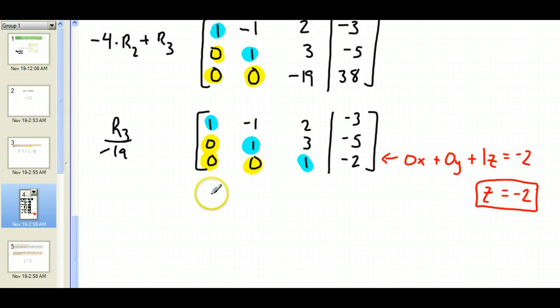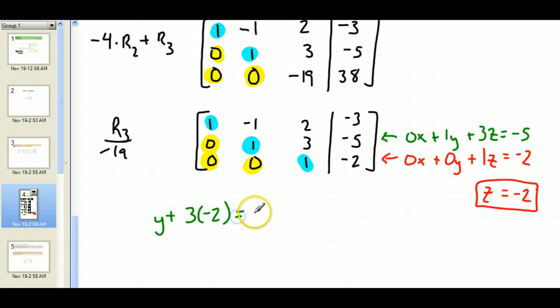Now what's this next row telling me? 0x plus 1y plus 3z equals negative 5. Well, that means y plus 3 times z, which we just said was negative 2, is equal to negative 5. y plus 3 times negative 2 is negative 6.